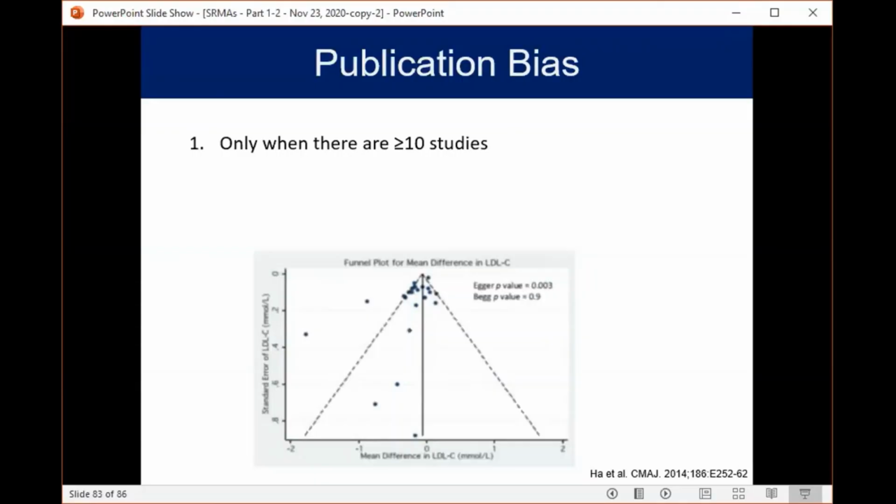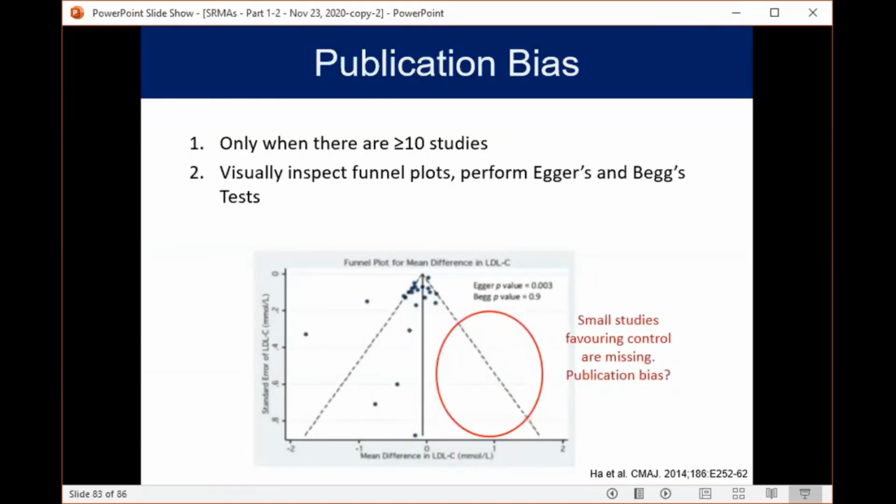The funnel plot is a plot of each study by their effect and variance, and the solid line represents the overall pooled estimate of the effect. To assess for publication bias, you can look at the funnel plot to visually inspect for asymmetry.